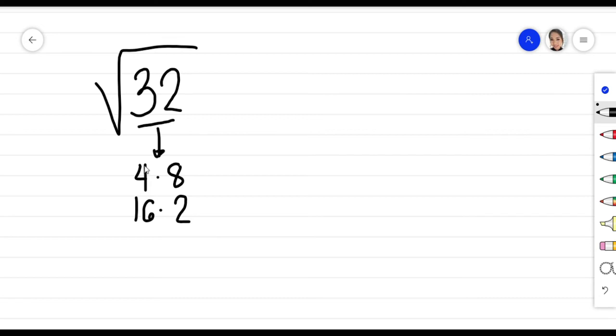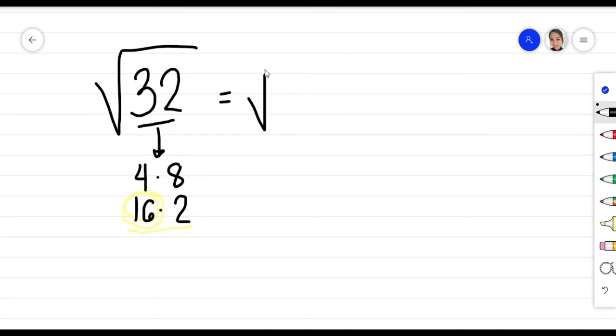But which of the two choices do we choose? Always remember to choose the factors which have the highest perfect number. So in this case, we will choose 16 times 2.